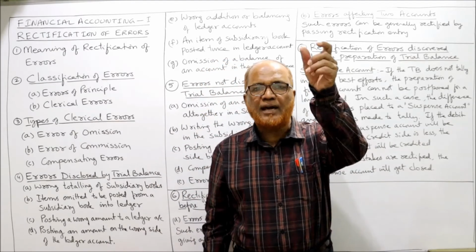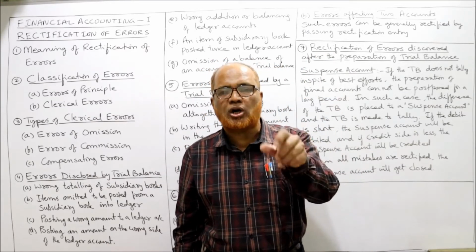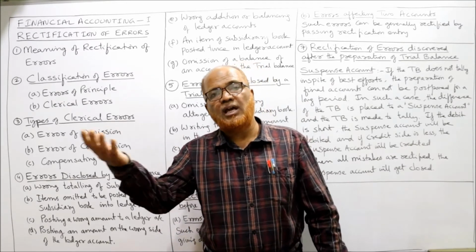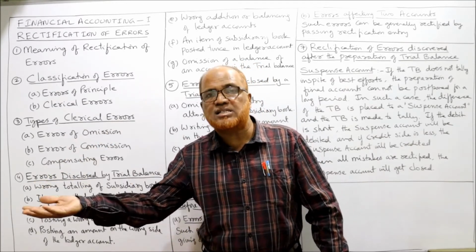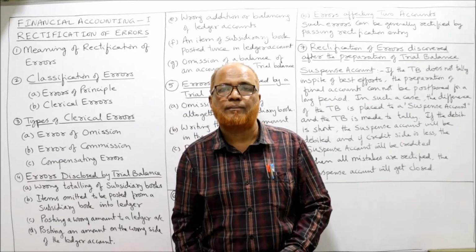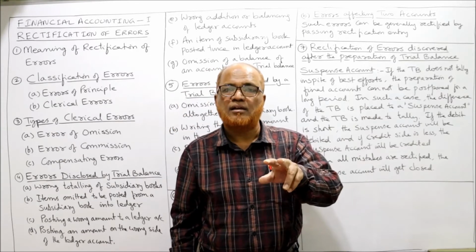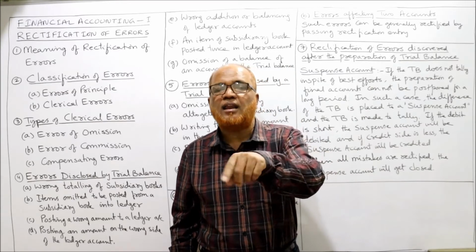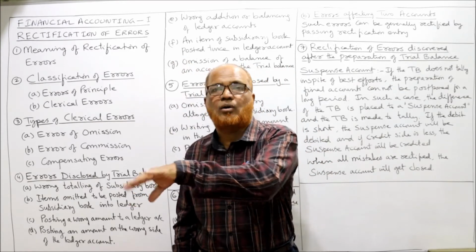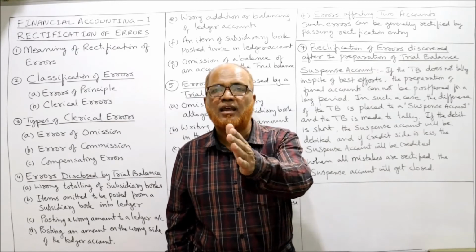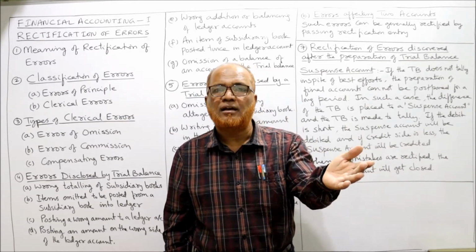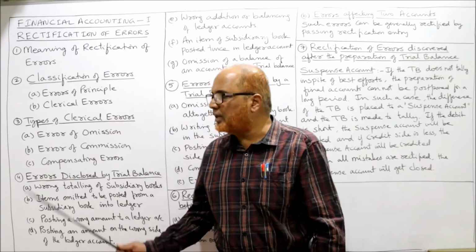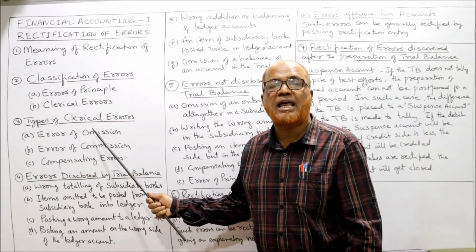For example, X was taken debit short by 500 rupees. At the same time, one more mistake in Y's account on the credit side, we have taken 500 rupees short. These are called compensating errors. One error compensates another, and by compensating both these errors, the trial balance will tally. So in this way, these three types are called clerical errors.